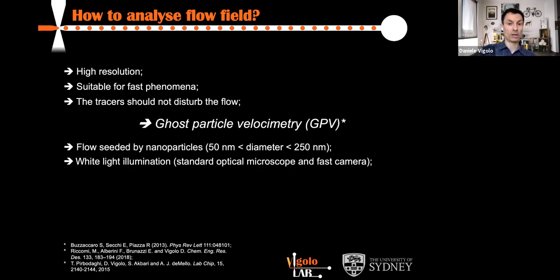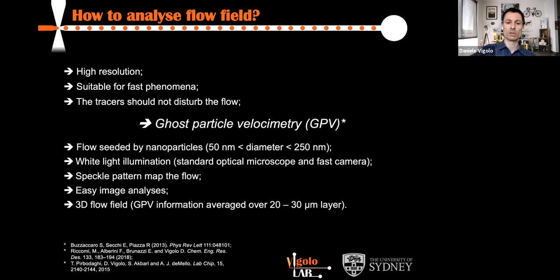And we use just white light, so bright field microscopy, to detect the flow pattern. The way we do that is by mapping the speckle pattern. As I mentioned, these particles are smaller than the diffraction limit, so you cannot see the particles themselves directly, but you see the optical effect of the light interfering with the nanoparticles.